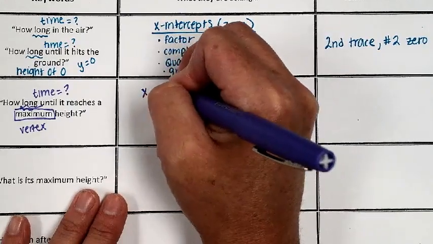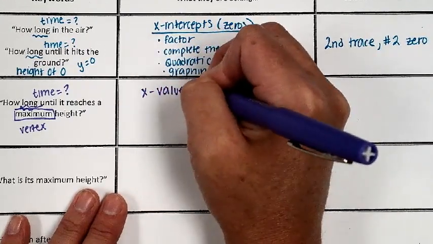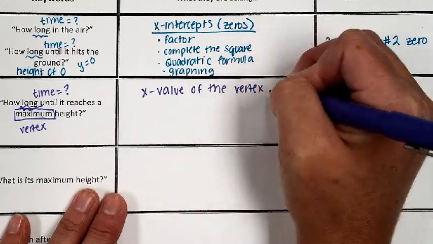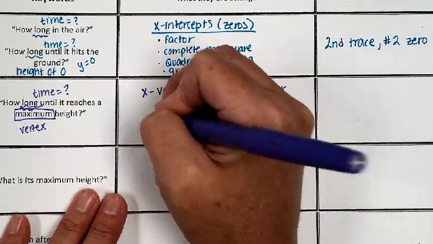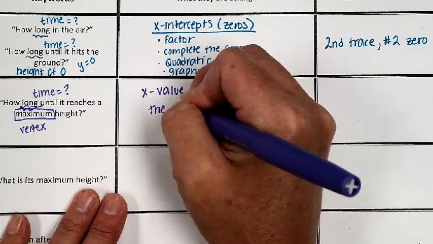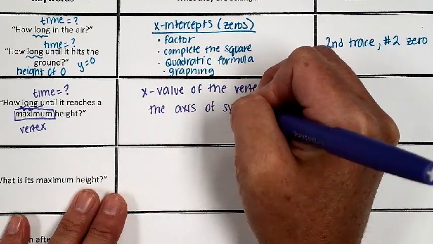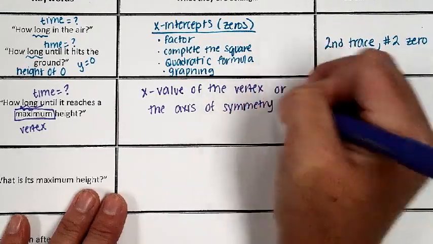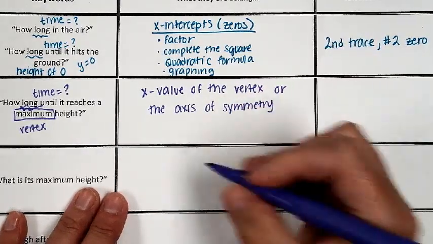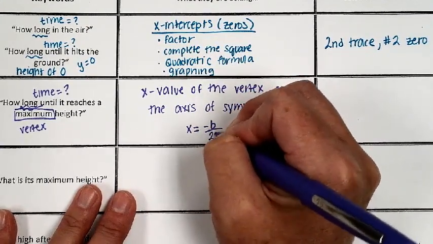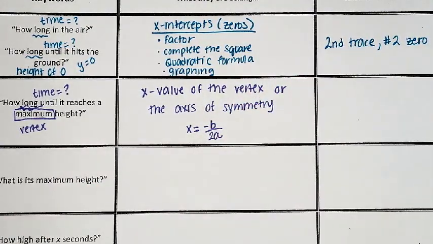They're asking for the x value of the vertex, which is also the axis of symmetry. So to find that x value of the vertex, it would be x is equal to negative b over 2a.